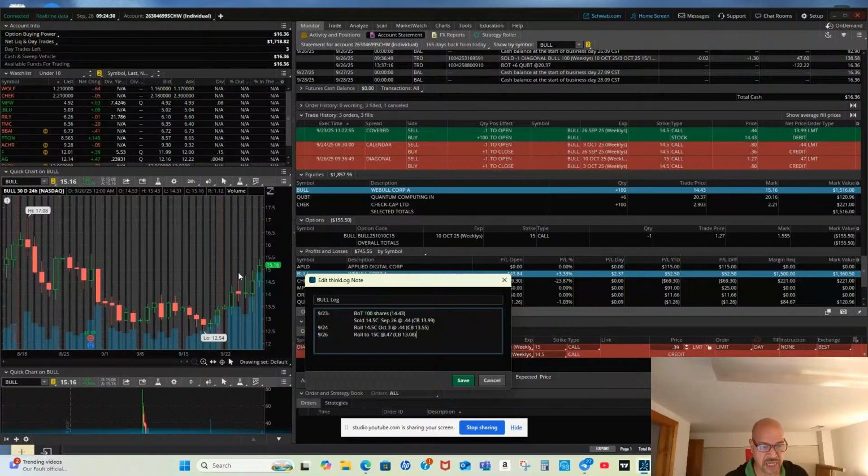So let's just say within a day it goes up, or it has a pullback even. Let's say that next week it goes down a little bit, and I end up with the stock. Well, it can be as low as $13 and I can sell it and still be even.